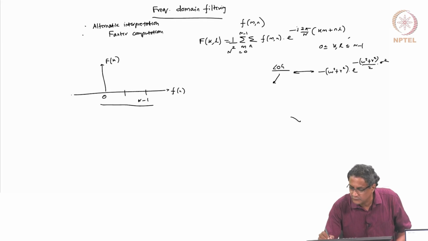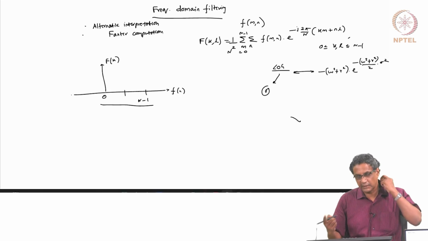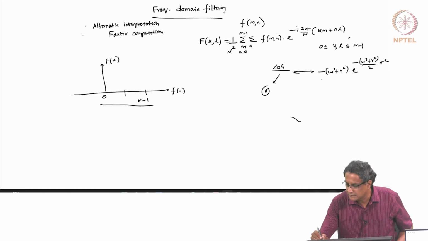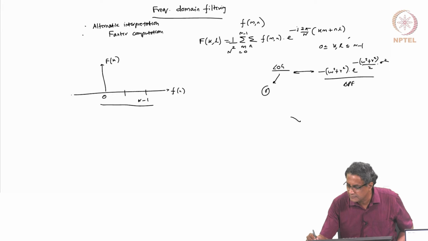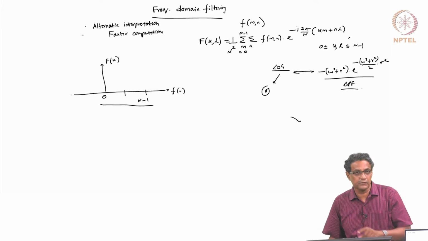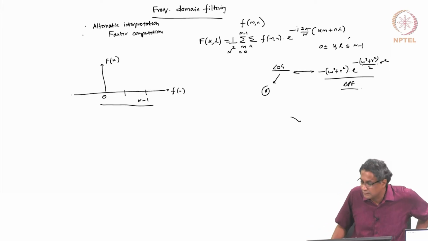So this is a Gaussian with sigma, and then you are applying a Laplacian on that. We saw this is actually a band pass filter, and the interpretation became easy because we went to the Fourier domain. Otherwise this would not have been that easy.